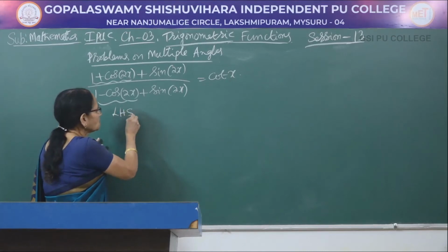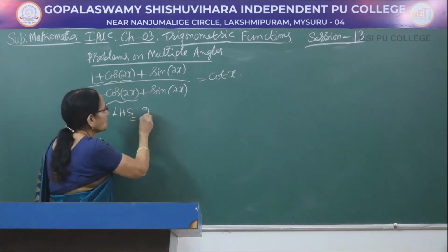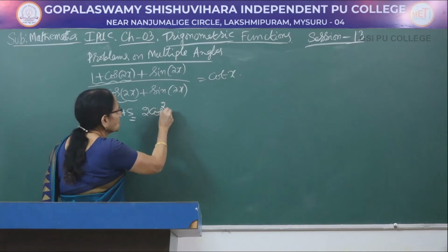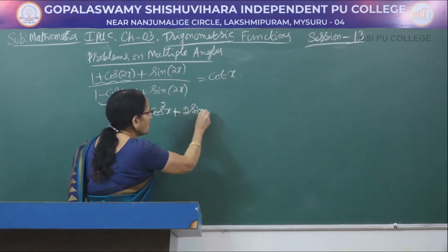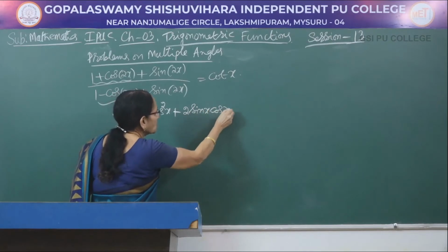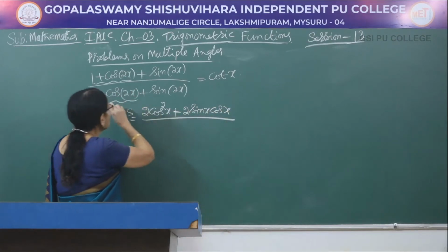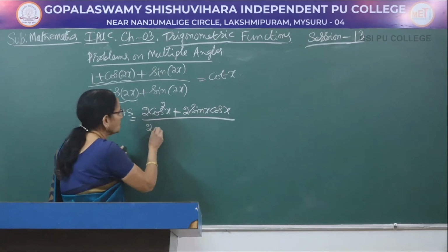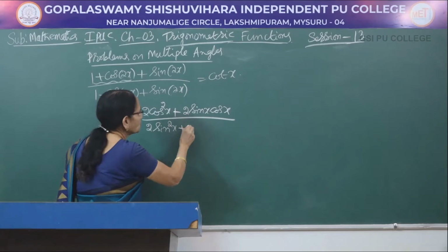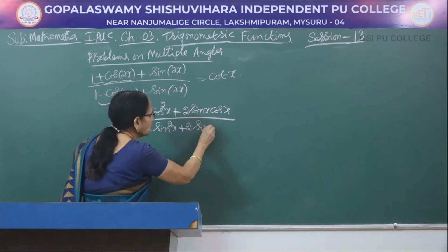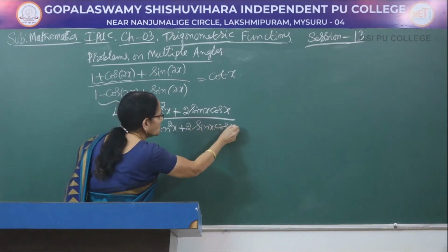Therefore, in the numerator you write 2 times cos square x, and for sin of 2x use the formula 2 sin x into cos x. Similarly, for 1 minus cos 2x it is 2 times sin square x, and for sin 2x it is the same formula, 2 sin x into cos x.